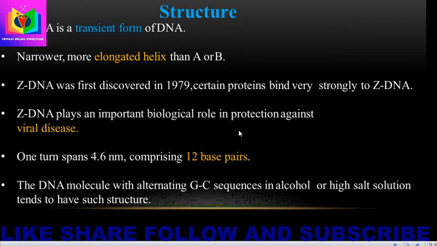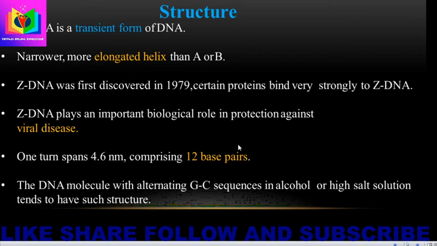In the comparison chart, we can see the difference between all of these. zDNA was first discovered in 1979 and certain proteins bind very strongly to zDNA. zDNA plays an important biological role in protection against viral diseases.